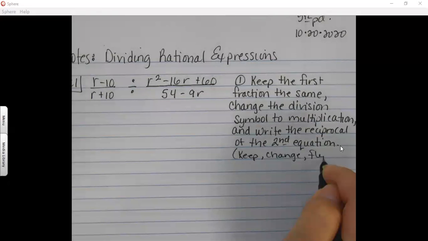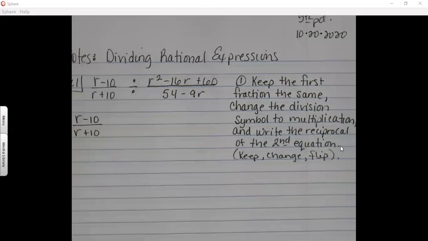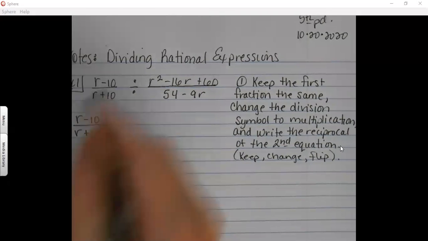Can I cancel those out, by the way, r minus 10 and r plus 10? No, they're not identical. Change the division symbol to multiplication, and write the reciprocal of the second fraction. So what's in the numerator goes in the denominator, and what's in the denominator goes in the numerator, right?